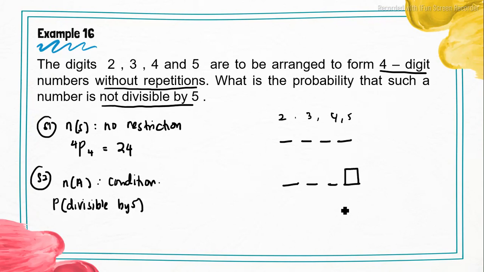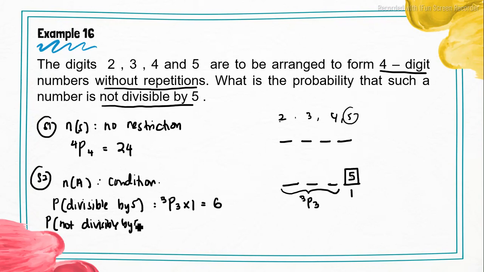So, kalau divisible by 5, kerja kita dah senang. So, yang boleh dibahagi dengan 5 adalah nombor 5 sahaja. So, dia adalah 1 ataupun 1P1. So, the rest kat sini, tinggal apa? 3P3 lah. So, 3P3 times 1 is equals to 6. Okay, but now condition kita dia kata nak not divisible by 5.